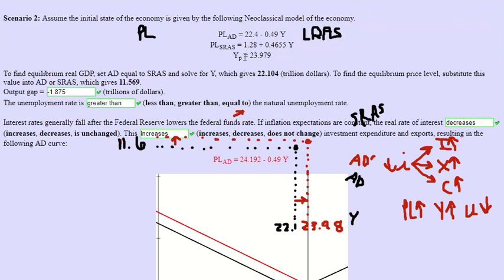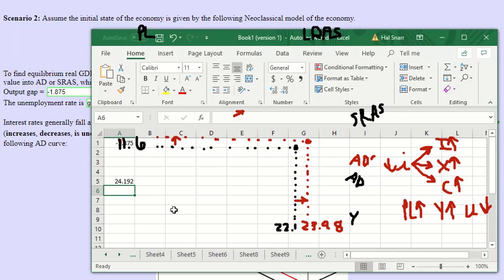Okay, potential 23.979. The new GDP level is that. We plug this new GDP level into the new aggregate demand curve, and we get a price level of 12.442. Right? This is the new price level.